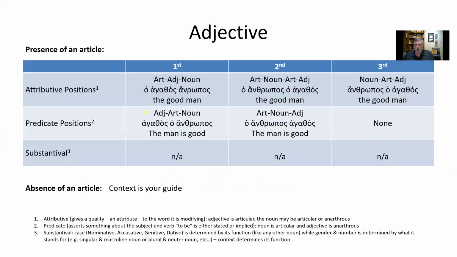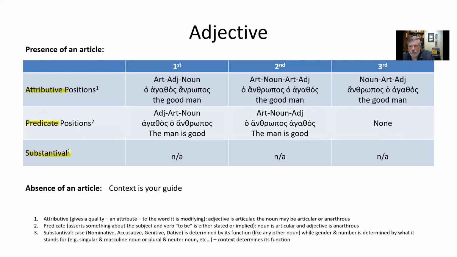So next slide. I gave you this chart because I want you to see a summary of how this works. How do you know when an adjective is functioning in the attributive position or the predicate position, or whether it's substantival? Well, one of the major keys is the article. If there is an article with it, it's going to function one of two ways.